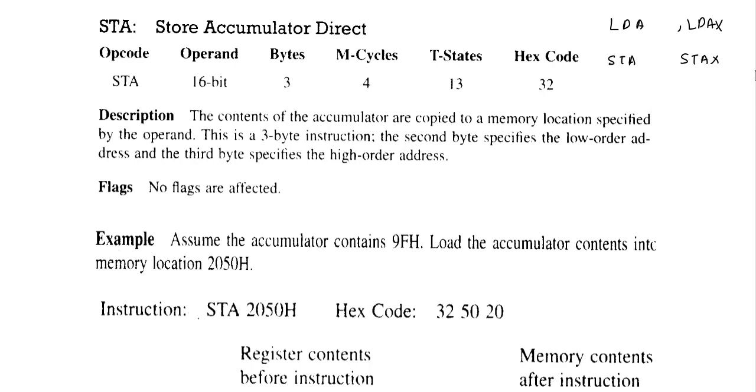It is the same as LDA and LDAX. In those we load data from memory, and in these we store data from the accumulator to the corresponding memory, and this memory is directly specified in this case and indirectly specified in the other instruction. So we write STA and the address. If we take the example STA 2050, it will move the data from the accumulator to the corresponding memory location.